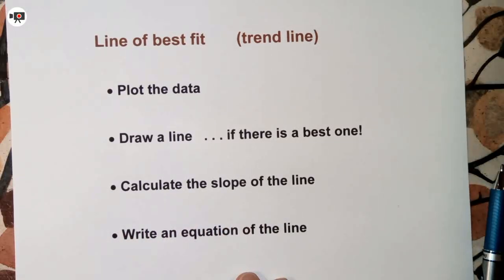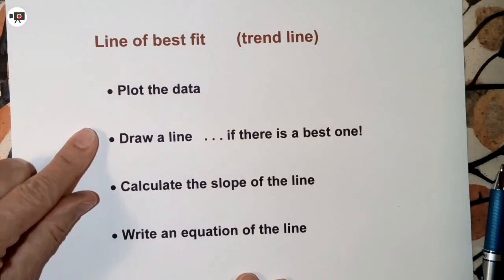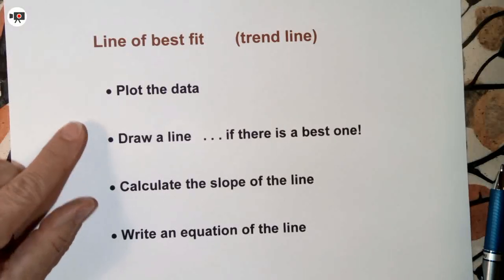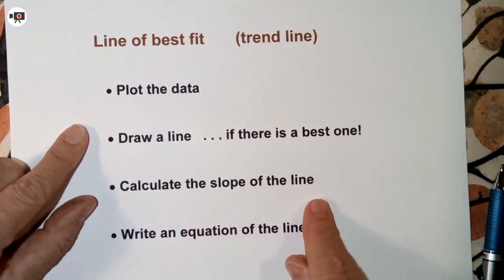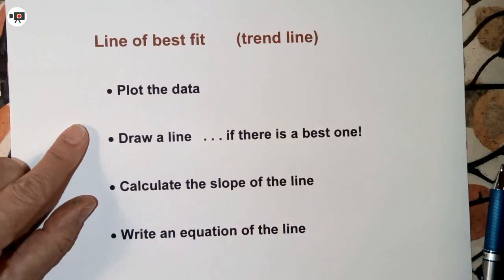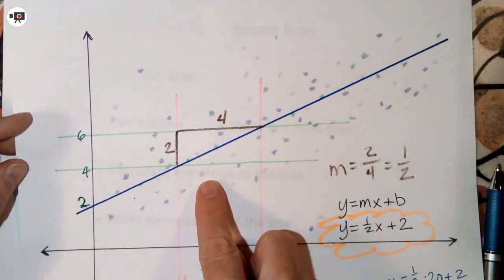Rise over run. Remembering you are not using any particular points either to draw the line or to calculate the slope. The line is the one that you eyeball, the best you can tell how it fits, and then calculating the slope comes from the line that you drew, not from any of the particular points on the scatter plot.